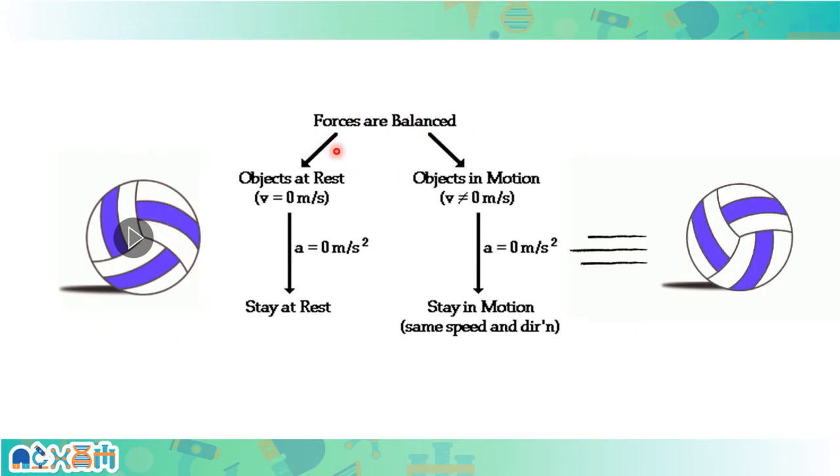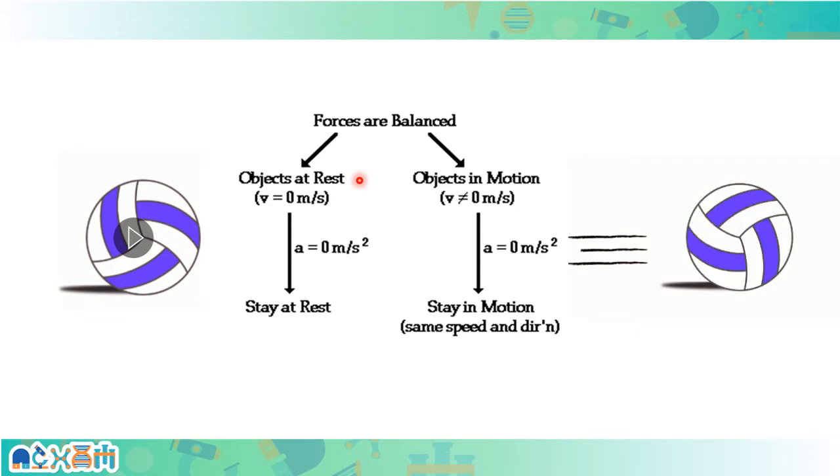if the forces are balanced, according to Newton's first law of motion, there are two clauses. First, if the object is at rest, and then the other one is if the object is in motion. Remember that the first law of motion states that an object at rest stays at rest and an object in motion stays in motion with the same speed and the same direction unless acted upon by an outside force.